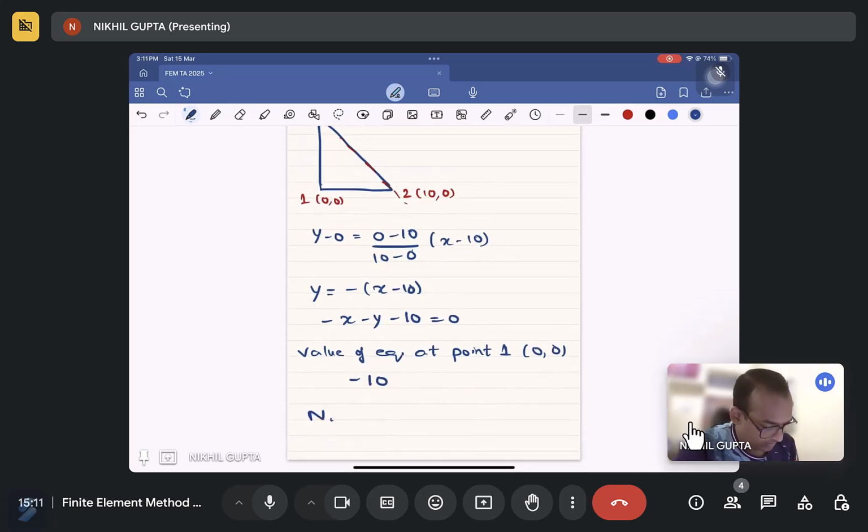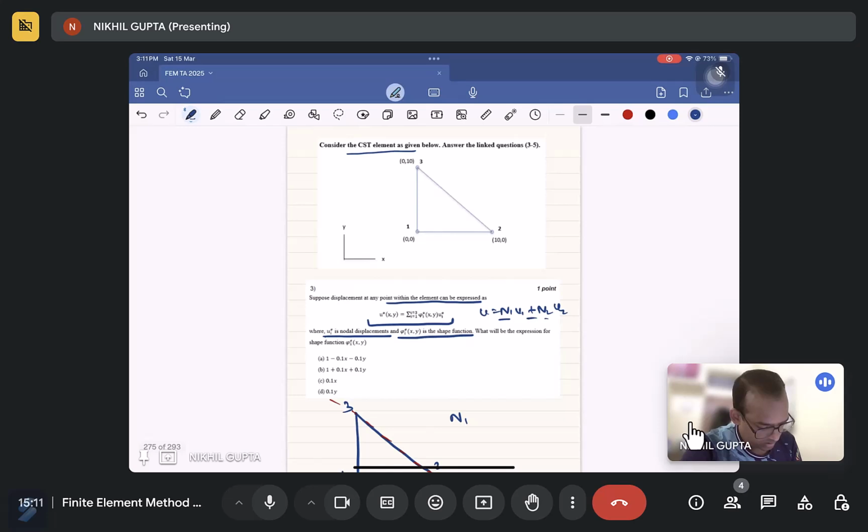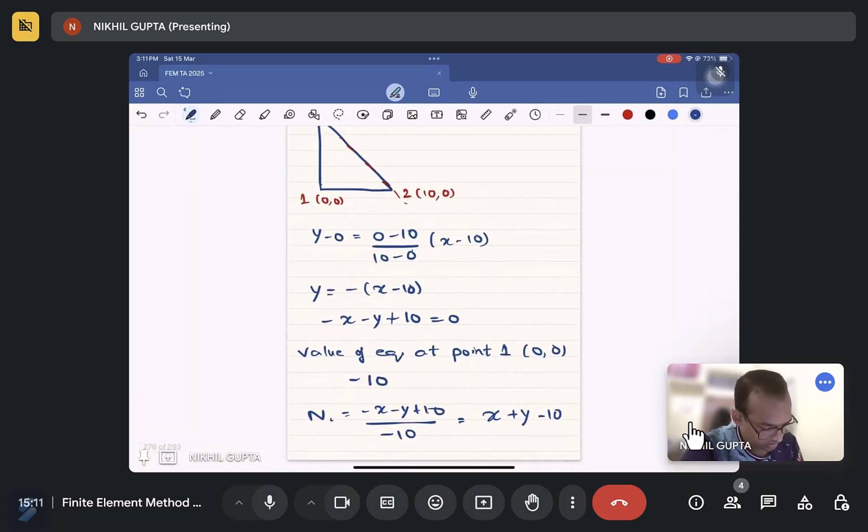So your N1 will be (10 minus x minus y) divided by 10, which you can write as 1 minus 0.1x minus 0.1y.